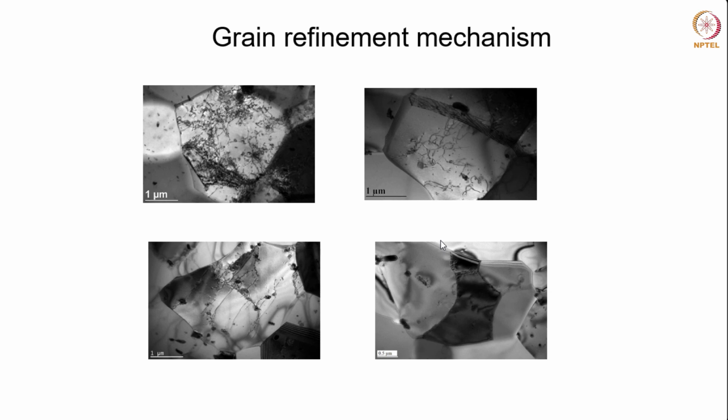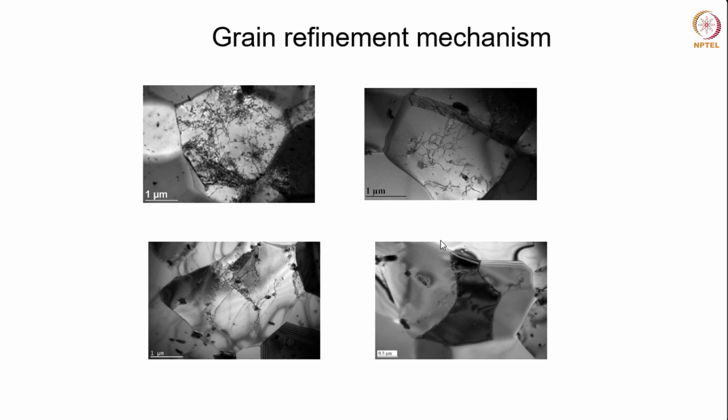In DDRX, you need a high strain build up in the material, and therefore the dislocation density has to build up. You need a high dislocation density inside the material in a particular region for it to go through discontinuous dynamic recrystallization.